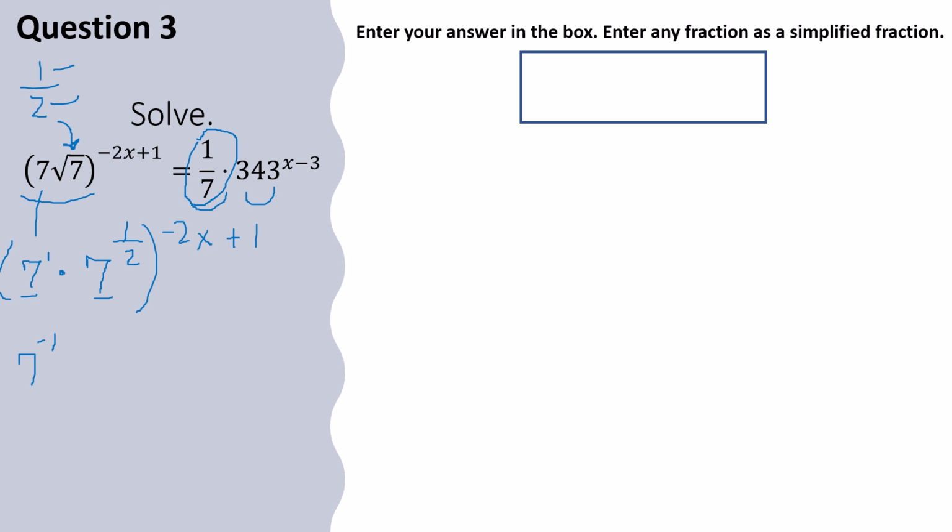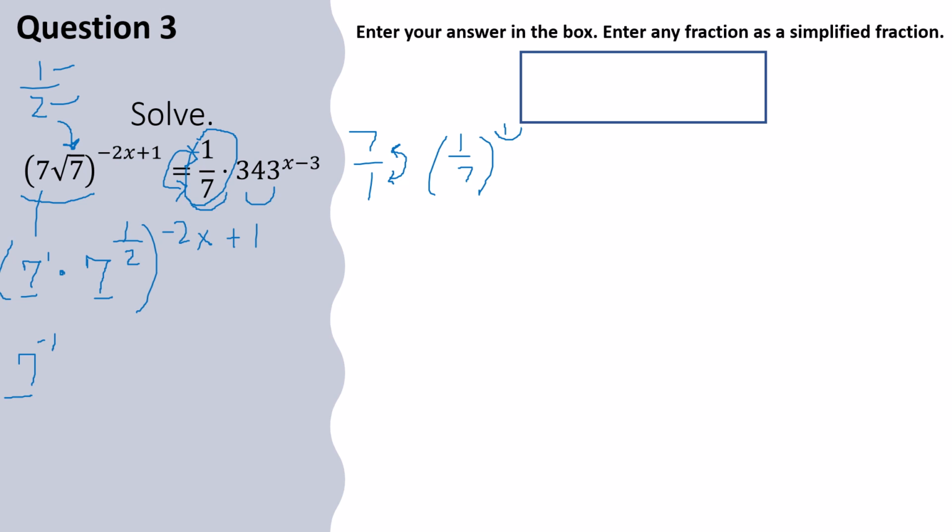Okay, a negative exponent means we're going to flip this upside down, this fraction, and write it as 7 over 1. And then let me start with the 7. Okay, 7 over 1 to the negative 1. We flip this upside down and write it as 1 over 7 to the, and then the exponent becomes positive.